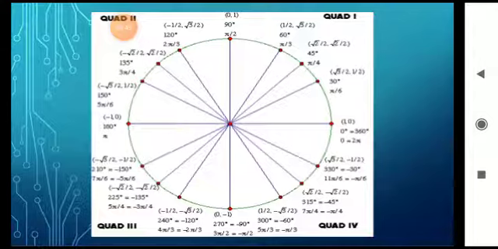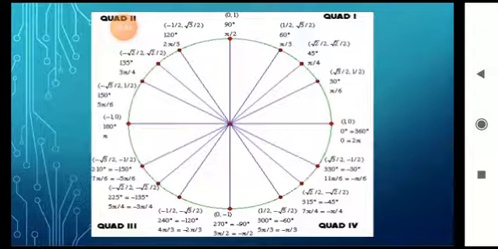In this circle, generally we calculate the angle at 30 degree, 45 degree, 60 degree and 90 degree. Next, in the second quadrant it is calculated at 120 degree, 135 degree and 150 degree, then 180.